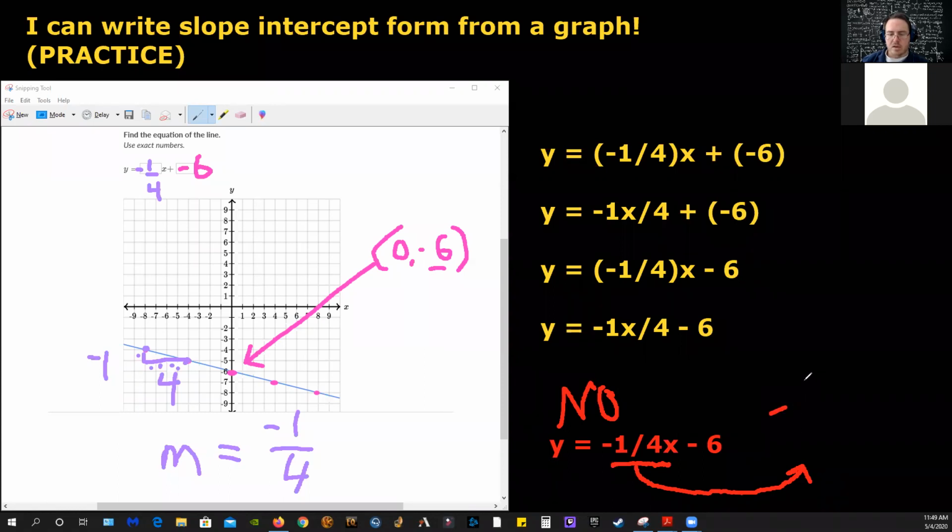This looks like it's negative, and that is not right. What is correct, see, when you do it this way, this is -1x over 4, and that's right. That is the correct way to do it. So don't do it that way. So just put your slope in parentheses when in doubt, and everything will be all right.